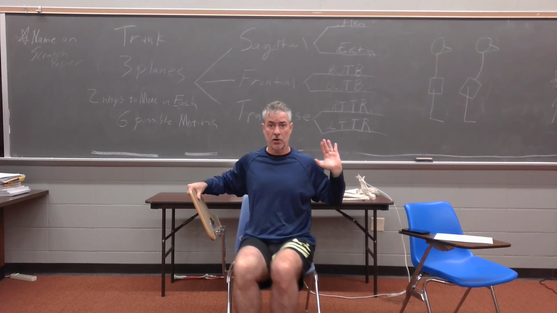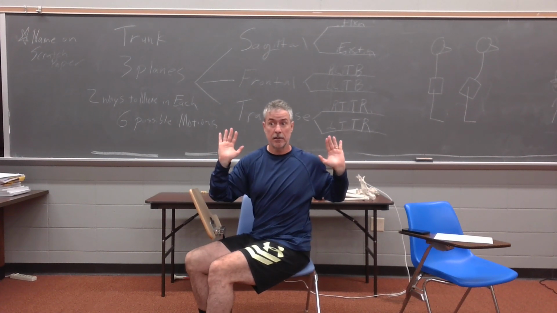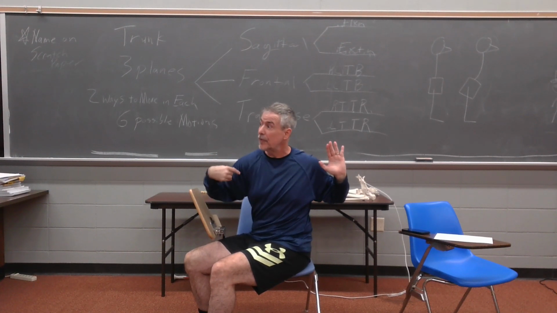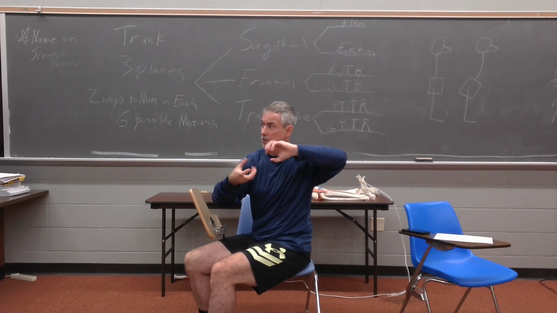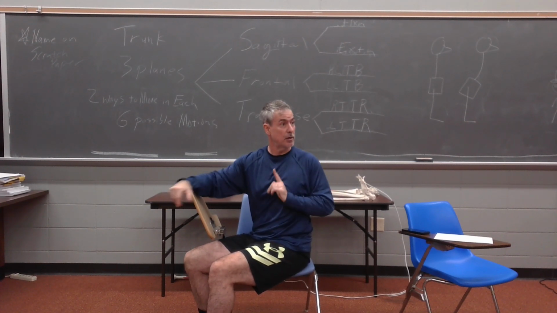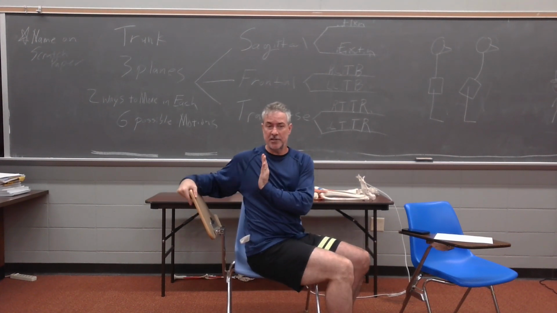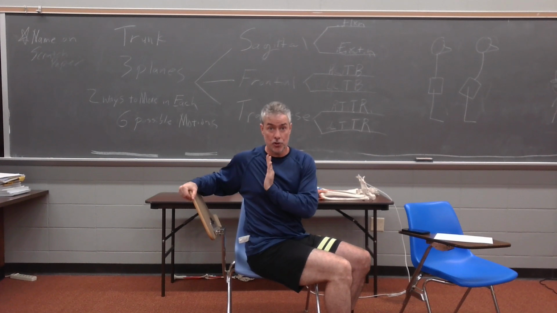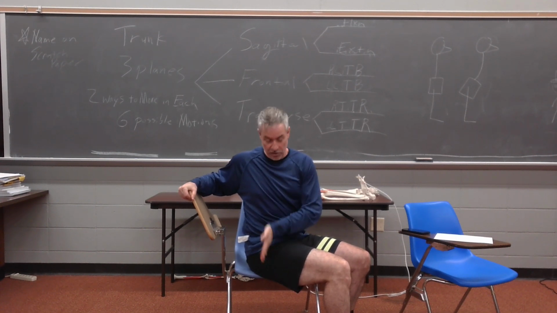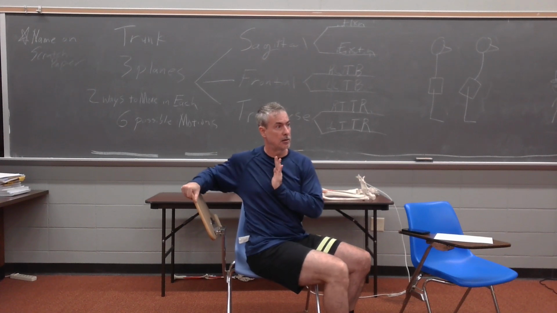As the pelvis rotates to its right, your trunk is going to rotate to its left. Your sternum is looking at your left hip. If your pelvis rotated to its left, your trunk rotated to its right. Your sternum is looking at your right hip.